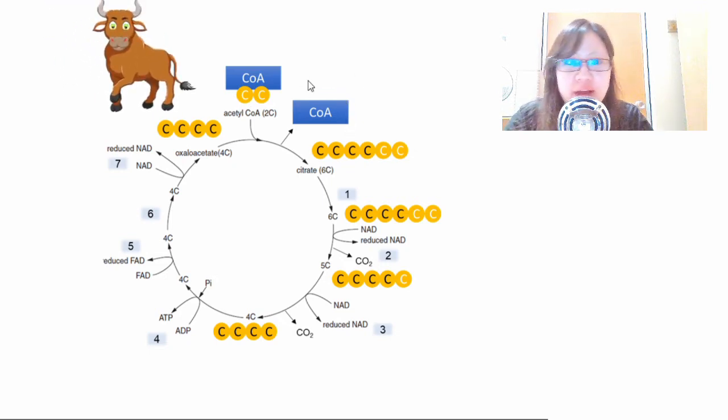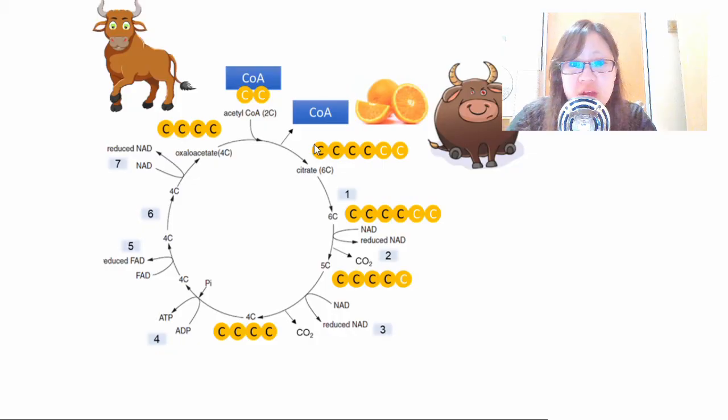Okay, fine, it's not a guy, it's an animal. And this ox accidentally ate too much acetyl CoA and oranges, where citrate is found, and he became a really, really fat, angry ox. In fact, he was so fat that he couldn't move the first round.